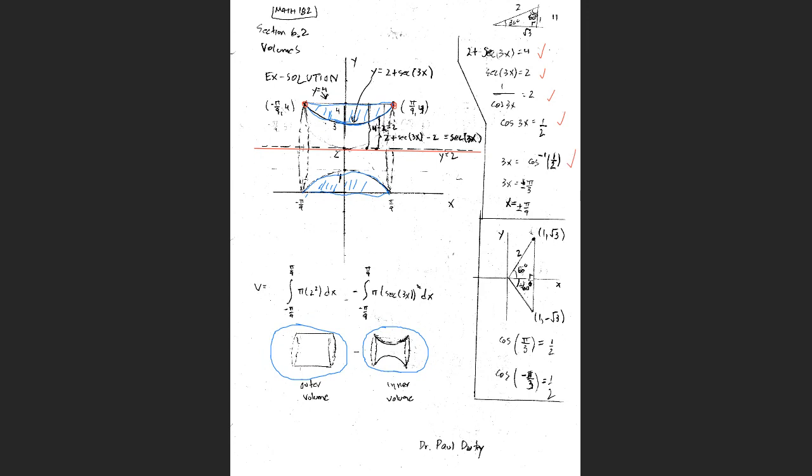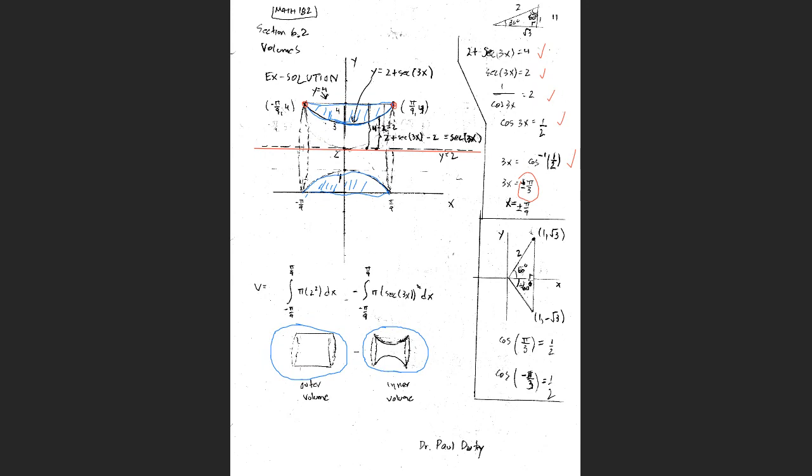So the arc cosine of a half, well, the arc cosine is positive in the first and fourth quadrants. So the arc cosine of a half would be plus or minus pi over 3. 60 degrees, pi over 3, gets you in the first quadrant. Negative 60 degrees, which is negative pi over 3, gets you in the fourth quadrant.